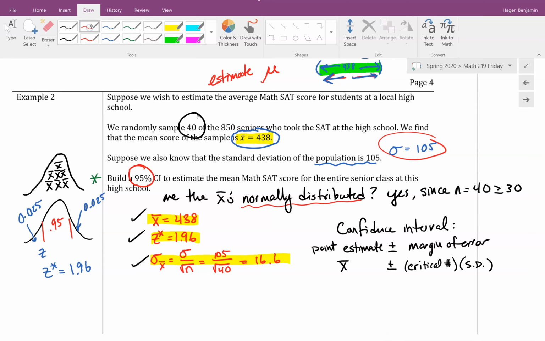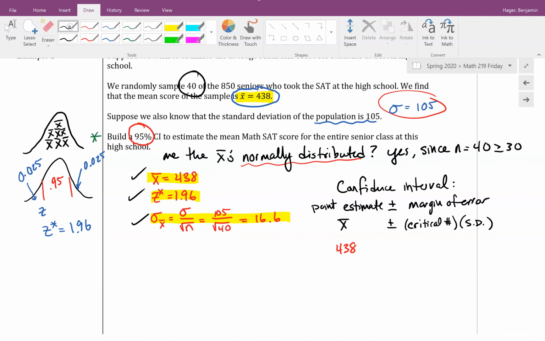My point estimate was 438, so that's my starting value. And then I'm going to add and subtract to that a bunch of standard deviations. How many? 1.96 of them, because that's the critical number that corresponds to a 95% confidence level. What is the standard deviation? We said that the standard deviation for these sample means was 16.6.